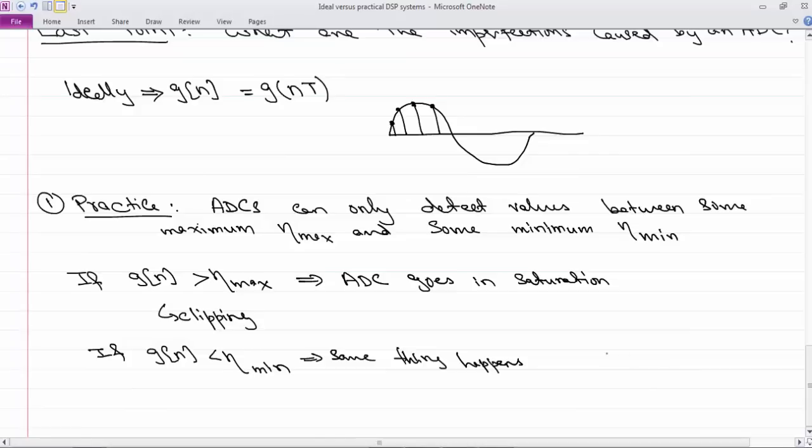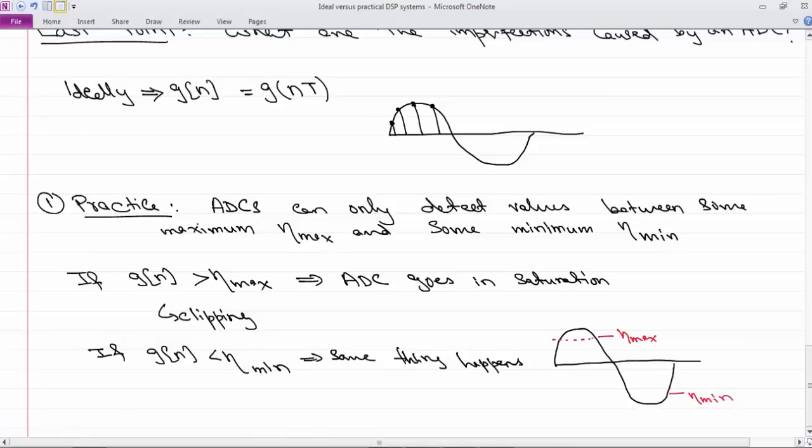So to give you a visual, again, ignoring all the other aspects of imperfections, let's say that this is what your input signal was, and your ADC had a maximum, this was its eta max, and this was its eta min. Okay.